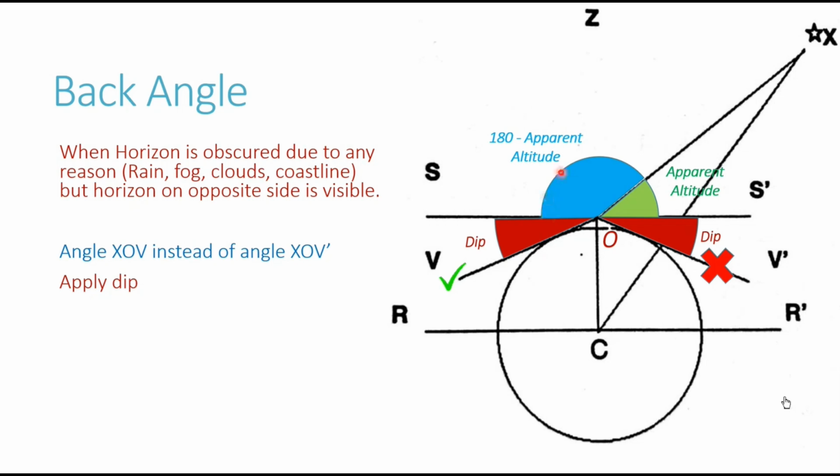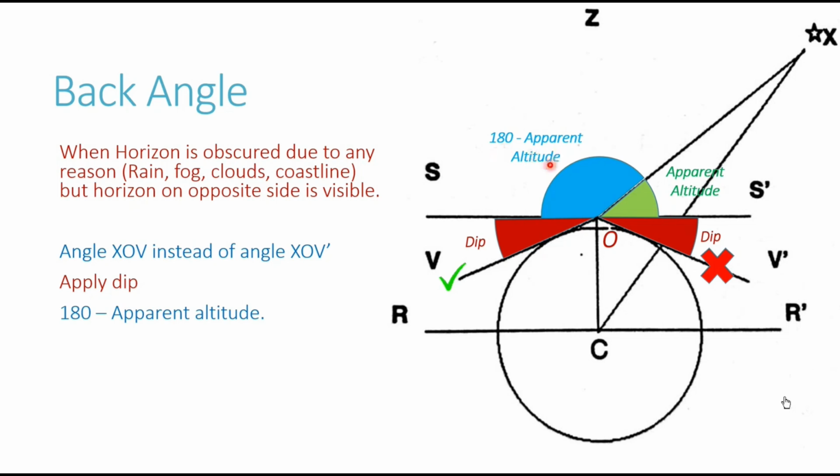So the angle which we have obtained now, that is the blue color angle, and the angle which we require, which is the green color angle, they will add up to 180 degrees. So if we have obtained the blue color angle, 180 minus this angle would give us the apparent altitude which we require.